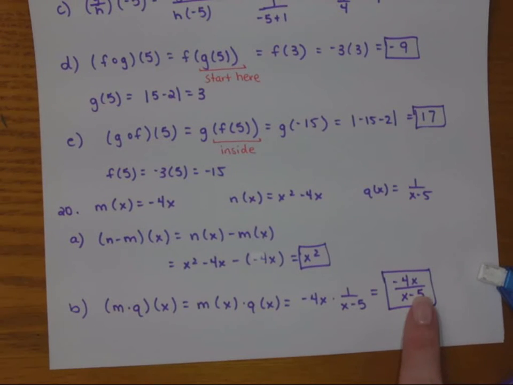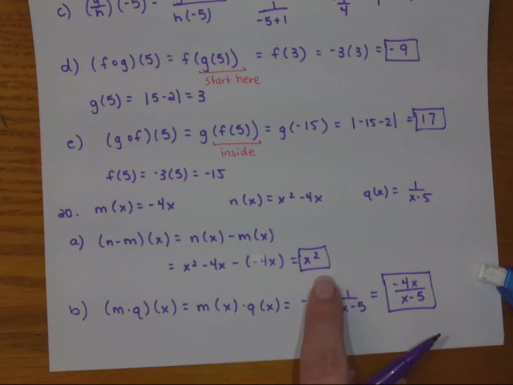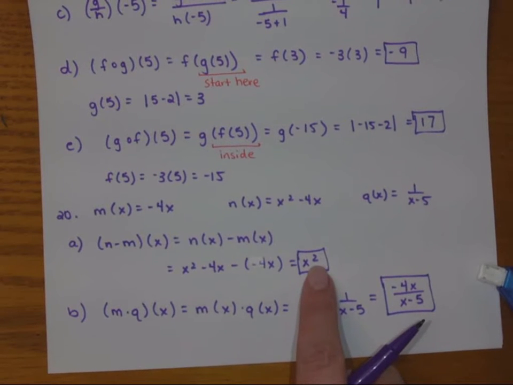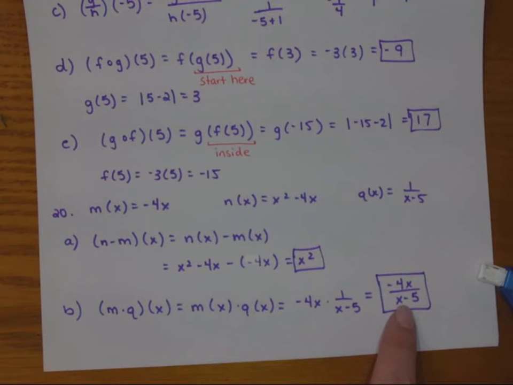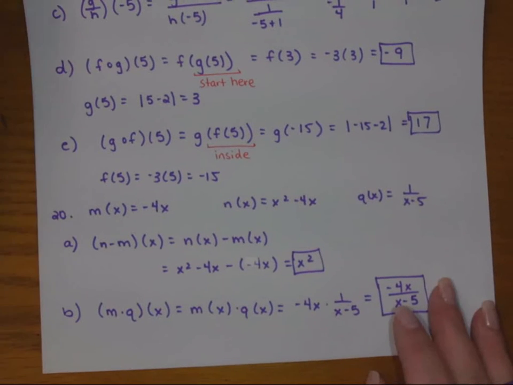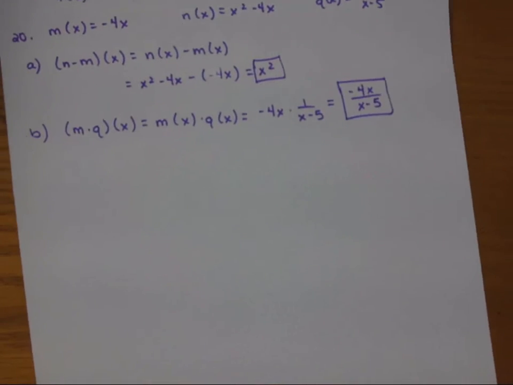If you're tempted to do that, remember you can only cancel x's out if there were an x in everything, and this 5 doesn't have one. Okay. By the way, if I also ask you on the test to find the domain, this would have a domain of negative infinity to infinity, right? The off limits x value here would be 5, right? So we would say everything except 5. So we would go negative infinity to 5, parentheses, and then parentheses 5 to infinity.